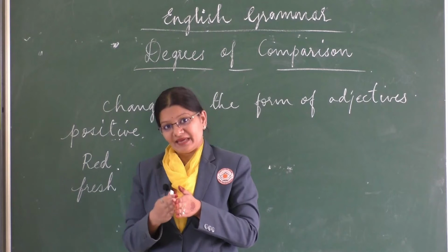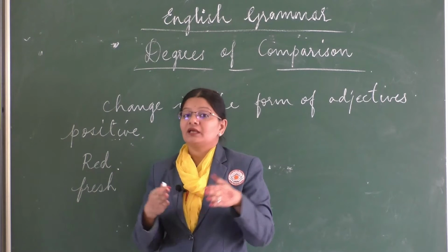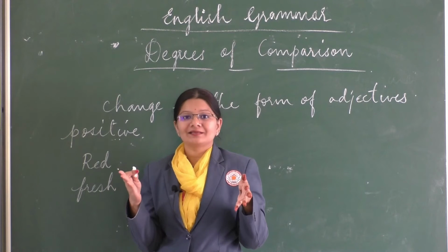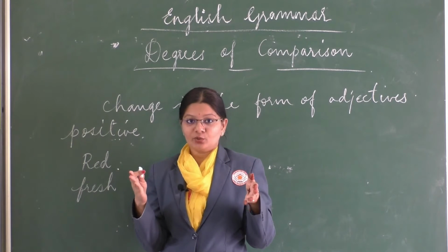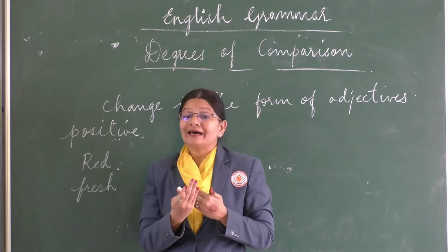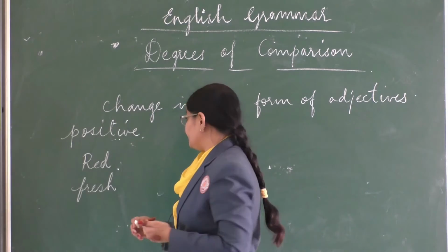So, that makes us to focus that we are comparing two roses. So, in that scenario, the adjective will change its form. Here, it will be called as comparative degree.